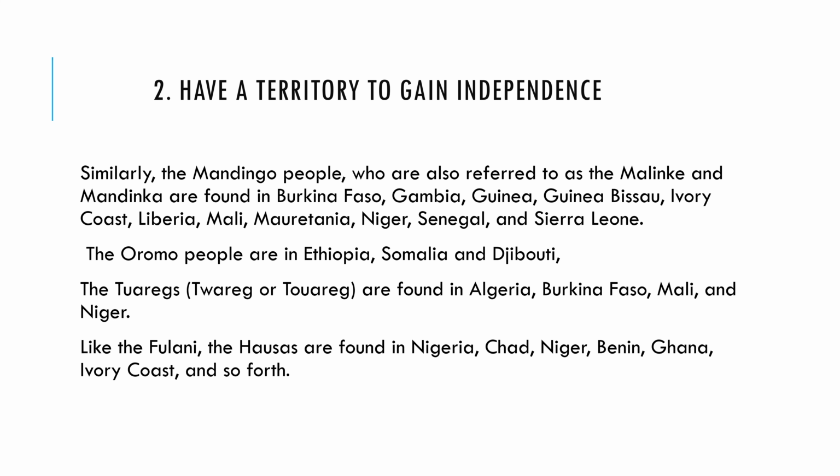The Oromo people are in Ethiopia, Somalia, and Djibouti. The Tuaregs are found in Algeria, Burkina Faso, Mali, and Niger. Like the Fulani, the Hausas are found in Nigeria, Chad, Niger, Benin, Ghana, Ivory Coast, Cameroon, and so forth.